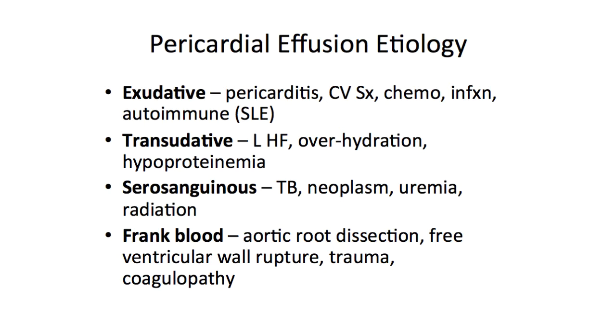Transudative causes include left heart failure, overhydration, and hypoproteinemia. Serosanguinous causes include tuberculosis, neoplasm, uremia, and radiation. A pericardial effusion with frank blood can occur from aortic root dissection, free ventricular wall rupture, trauma, and coagulopathy.